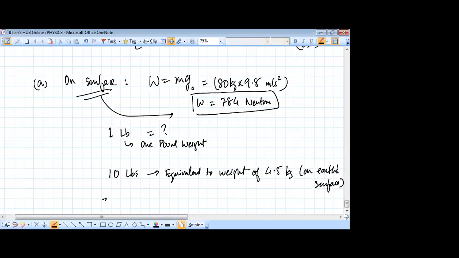So, in other words, 1 pound is 4.5 kg into g divided by 10.